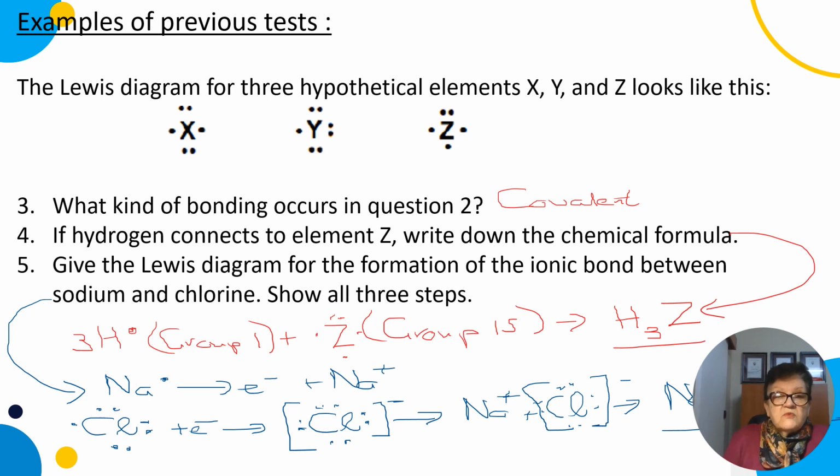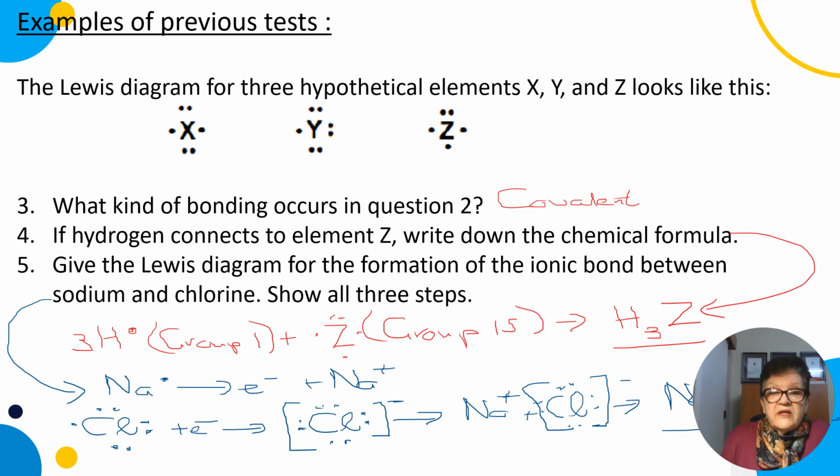And then the last one, the 3 steps of the forming of sodium chloride. Sodium is an element of group 1 and it's a metal, so it donates its 1 electron, and the ion forms a +1. The chlorine is an element of group 17 with 7 valence electrons, accepting the 1 electron donated by sodium. Now it has 8 dots around it and a -1 charge.